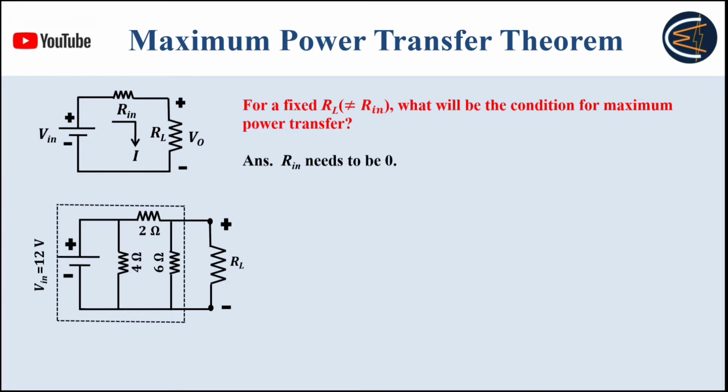Today we will discuss some numericals, and we will see how to implement the maximum power transfer concept through numericals. Before that, see here I have given one circuit, and as you can see, this dotted box is showing the internal part of the circuit, where there is a 12-volt source, that means input voltage, and all these resistances are part of the internal resistance that we talk about, R in.